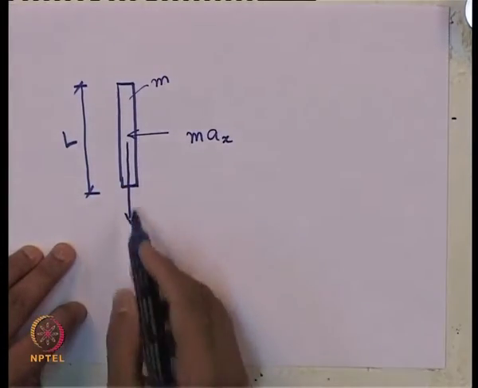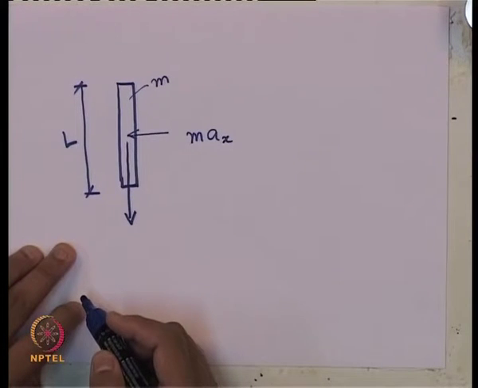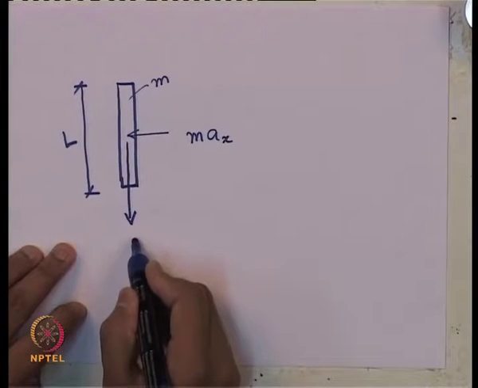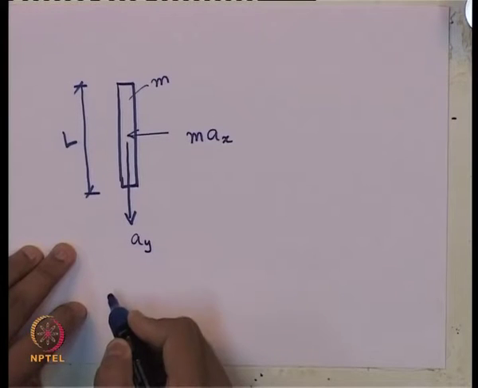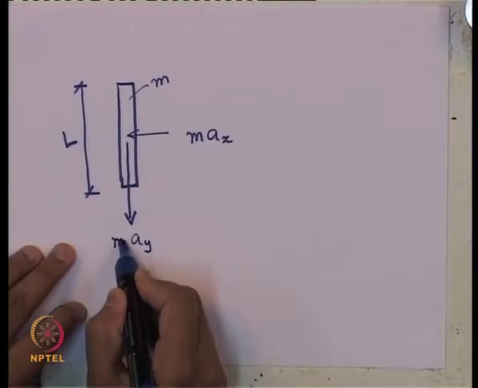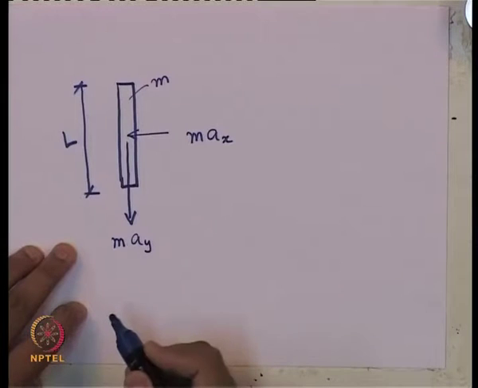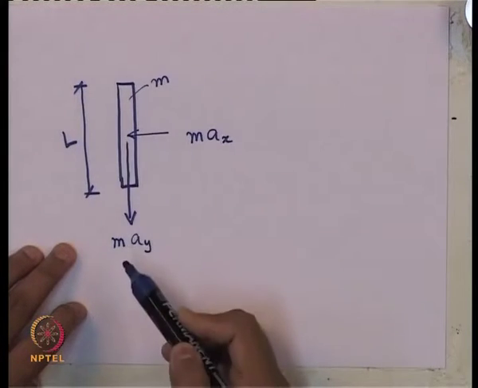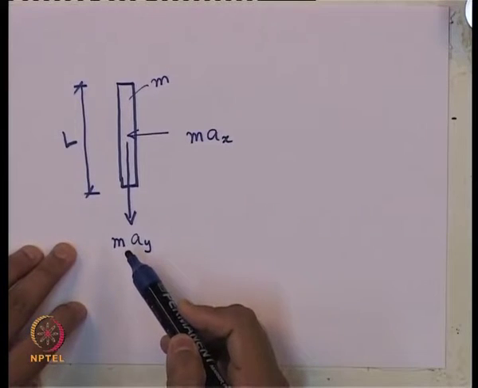Similarly, if the bar is subjected to a vertical acceleration of a y, in that case the inertia force in vertical direction will be m times a y. Now, these are the translational inertia forces.